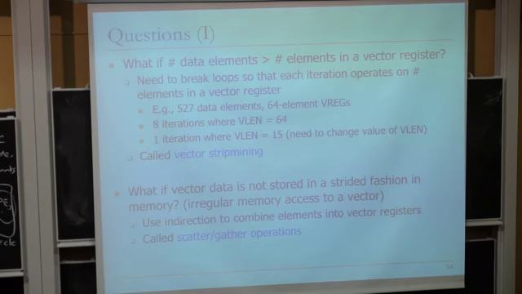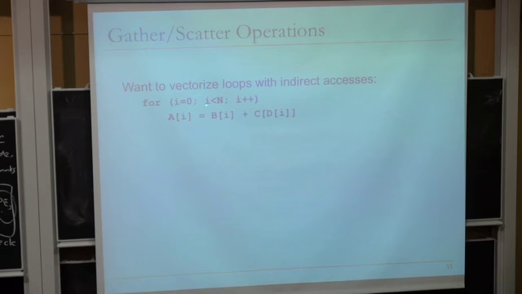These are called scatter-gather operations, and let's see what they are. Let's say you want to vectorize a loop like this with an indirect access. Here, your address is not simply a function of your loop index, but really a function of an indirect array. And this is how you can store a sparse matrix.